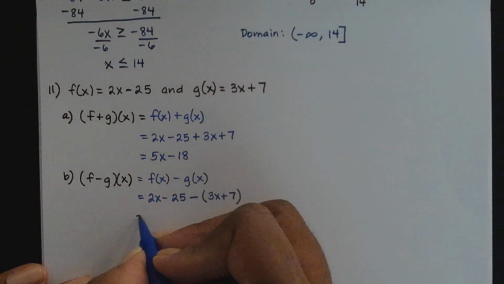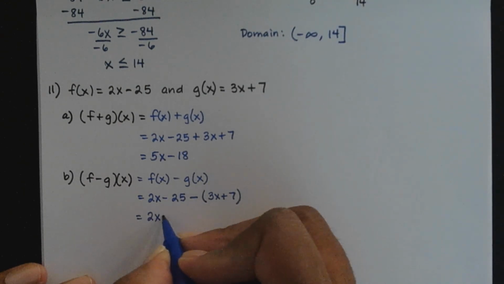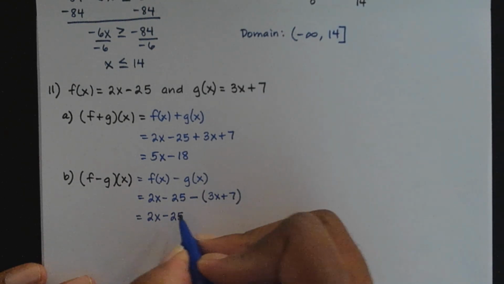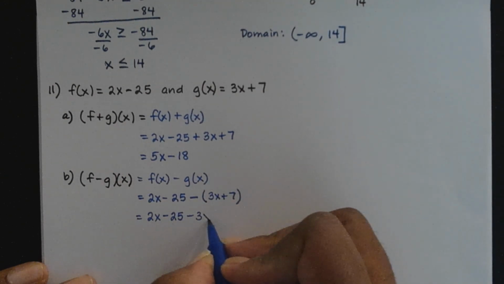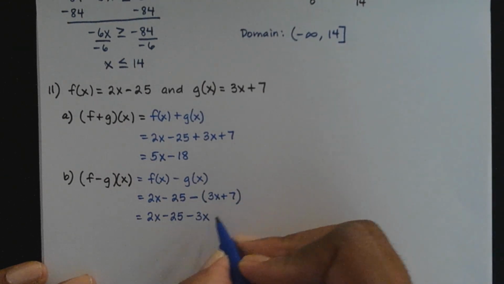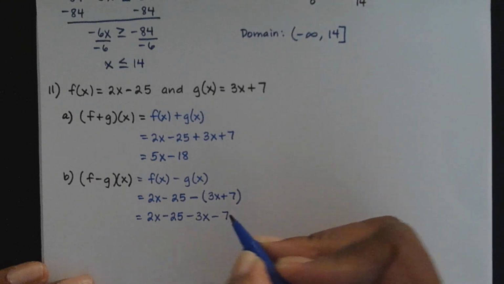Now let's simplify this. That minus sign will make the 3x minus 3x, and then the minus sign makes a plus 7 minus 7.